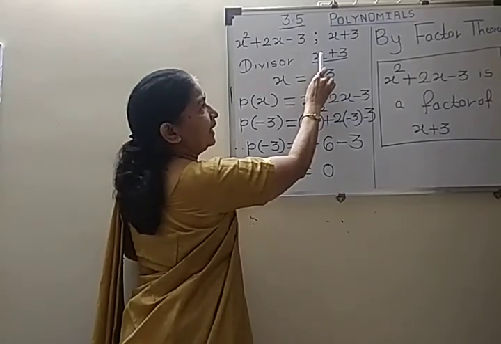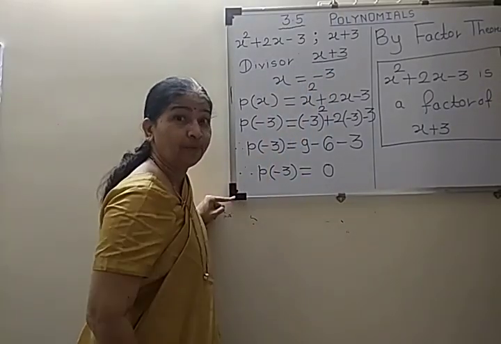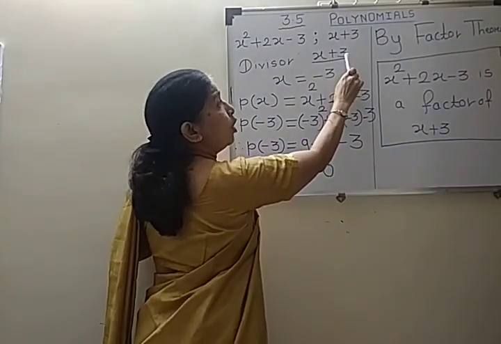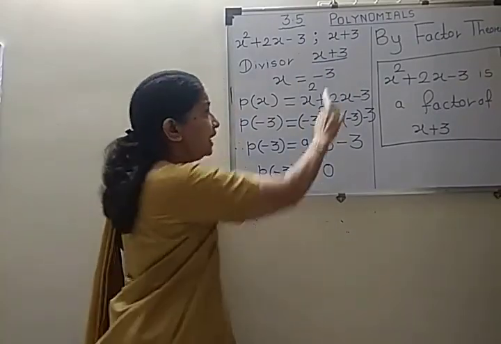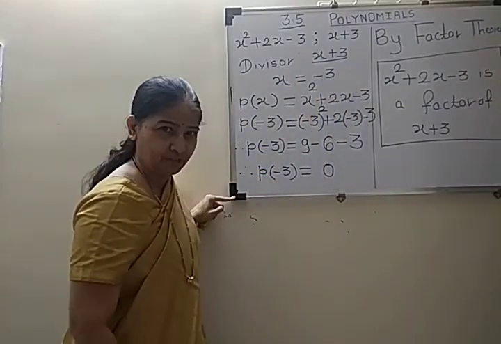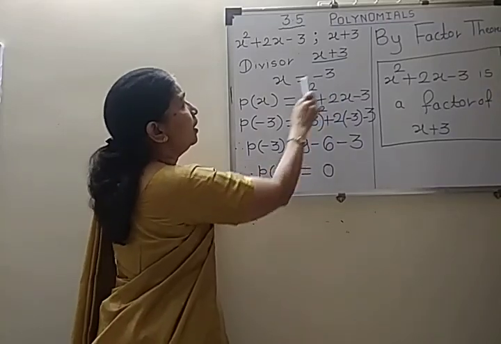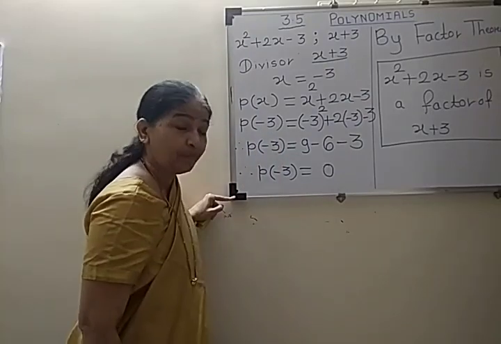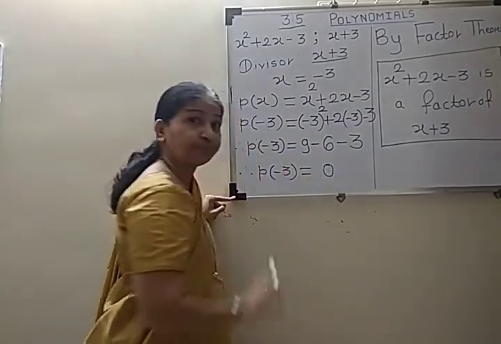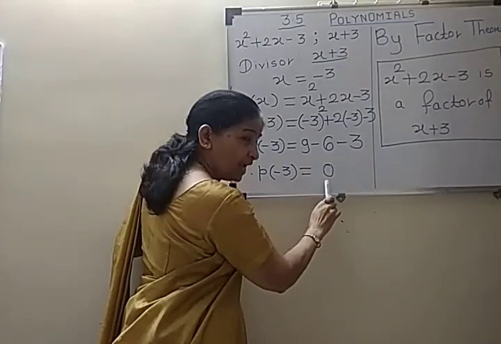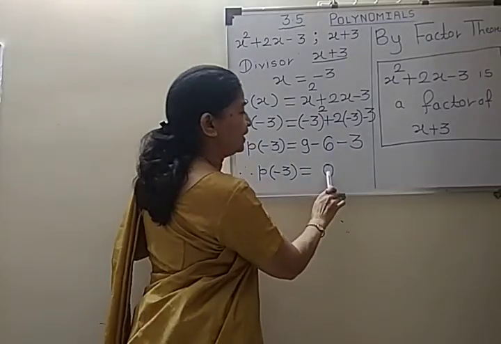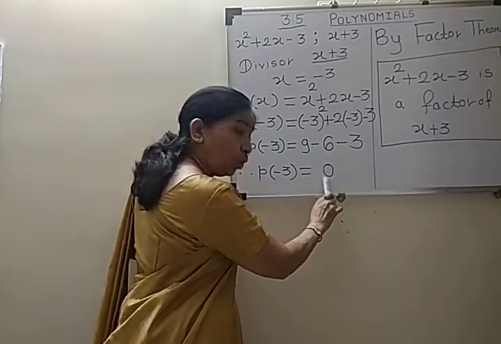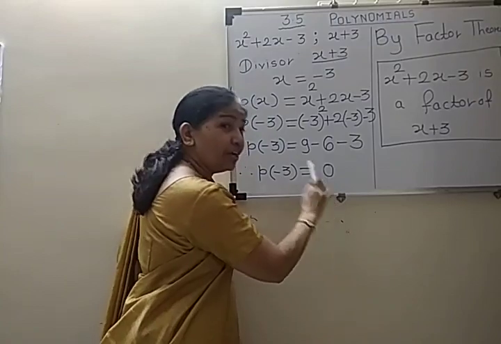I didn't take x plus 3, I took the opposite number, minus 3. I solved it and got the answer: the remainder is equal to 0.